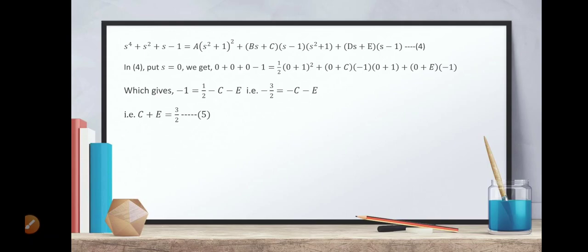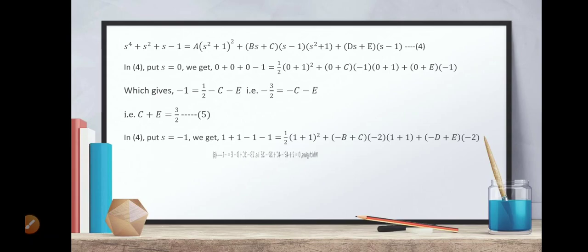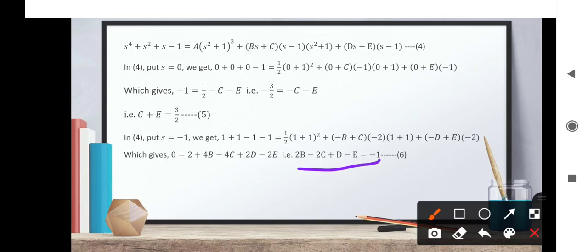Now we will put one more value of S. With S equal to minus 1, you will get one more linear equation involving these four constants. We call this equation number 6. So we have got two equations till now.